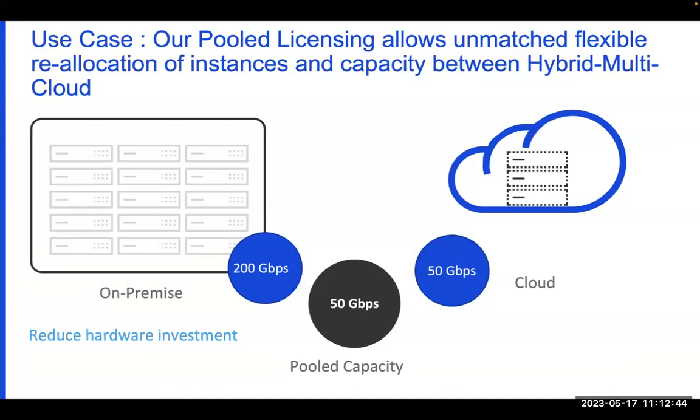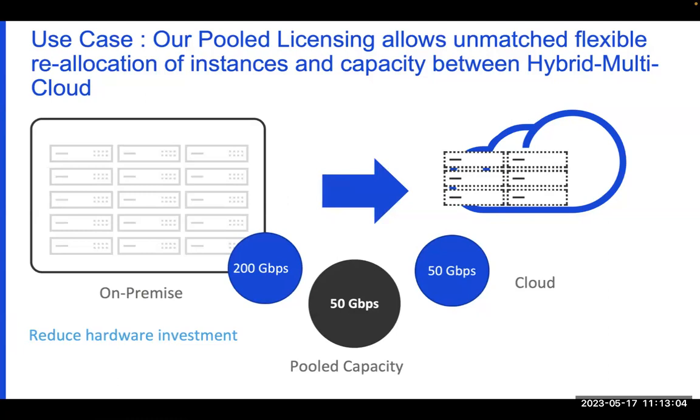Now, over the years, the customer may have a strategy, that is, they may be adopting a hybrid multi-cloud strategy where more and more capacity will be required to be transferred to the cloud because applications are moving to the cloud gradually. So the ADCs will have to, of course, follow as well.